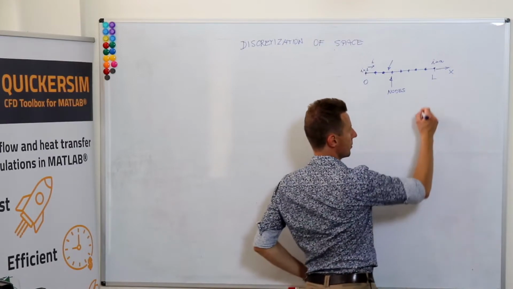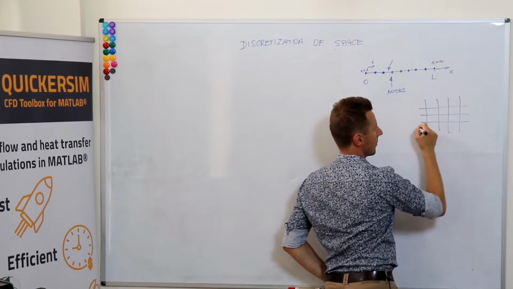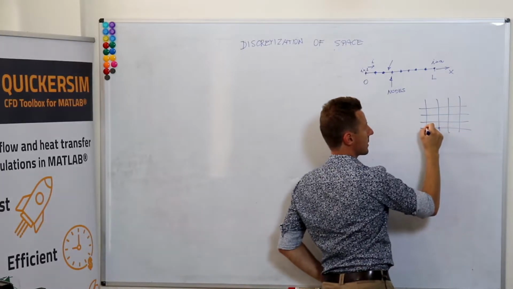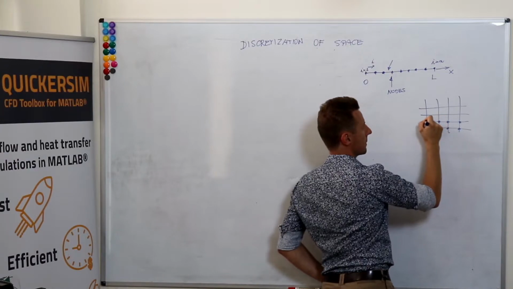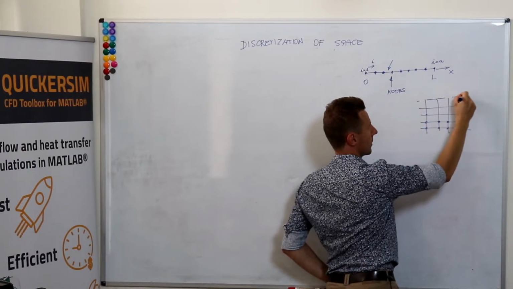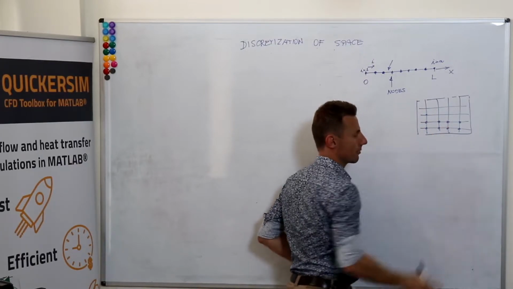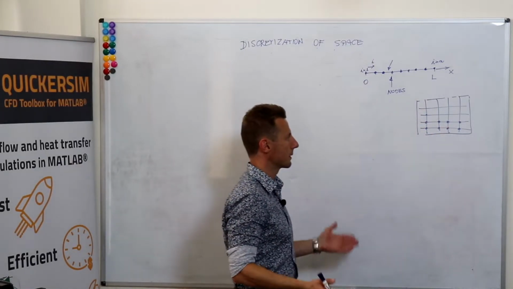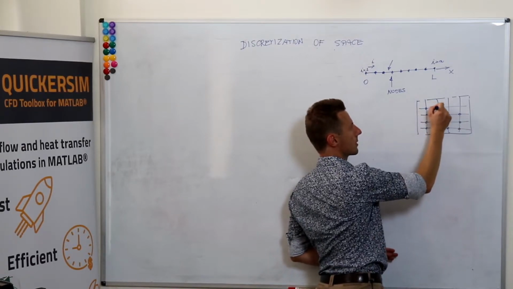The same in 2D. No surprise, again, we subdivide the whole domain, let the domain look like that. We subdivide it into a finite number of elements, volumes. We have got the mesh nodes.